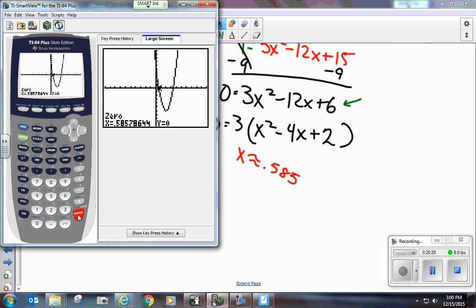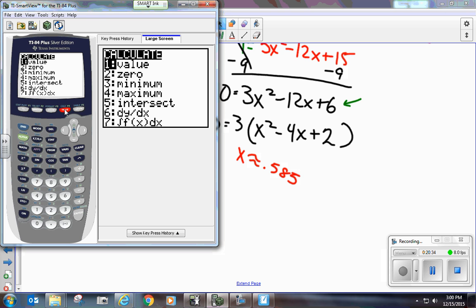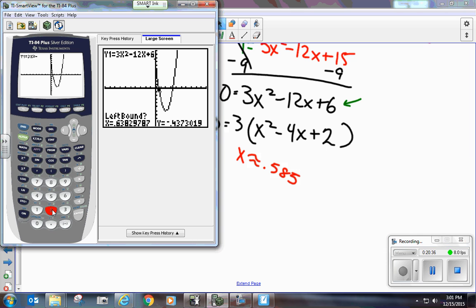Now, let's find my second x-intercept, okay? The 0 of my second one. Okay, I've got to be to the left of it, which I am. And I'm going to be to the right of it. There I go. Hit enter. There it is, and it's 3.414.